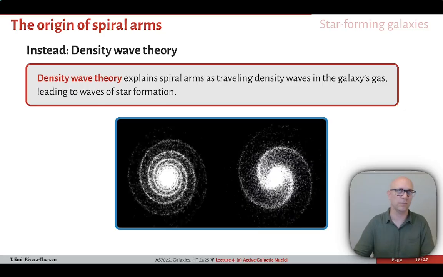What they came up with was the theory of density waves, which today has been observationally confirmed many times over. It says that instead of structures of stars traveling together, what if the spiral arms are actual density waves that travel through the galaxy's gas, leading to waves of star formation and also to waves of higher density of stars in the disk?